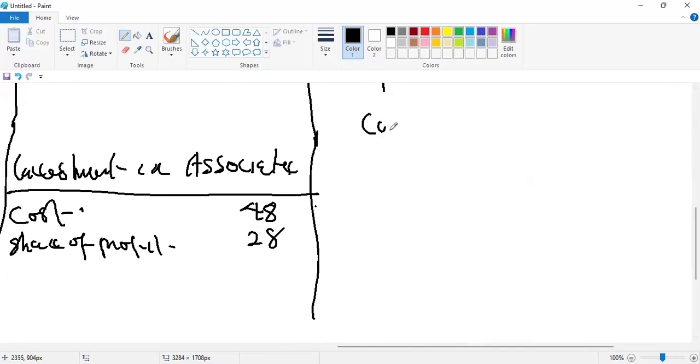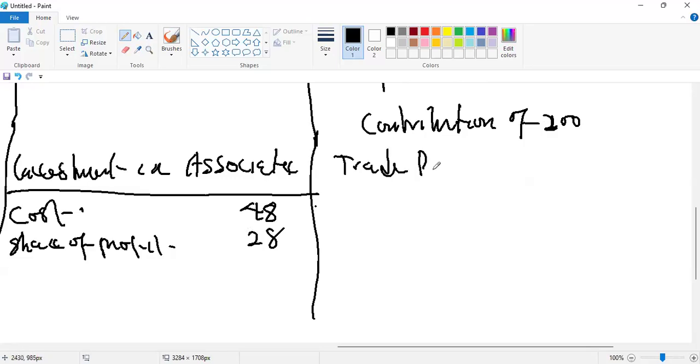Your contribution of 200 should have been used to reduce your pension liability, not included in trade receivable. I debited receivable and credited cash, so I will now correct the entry by crediting receivables 200.